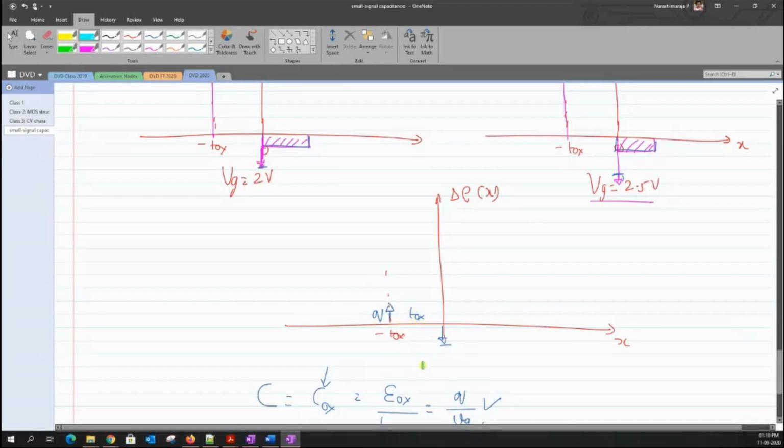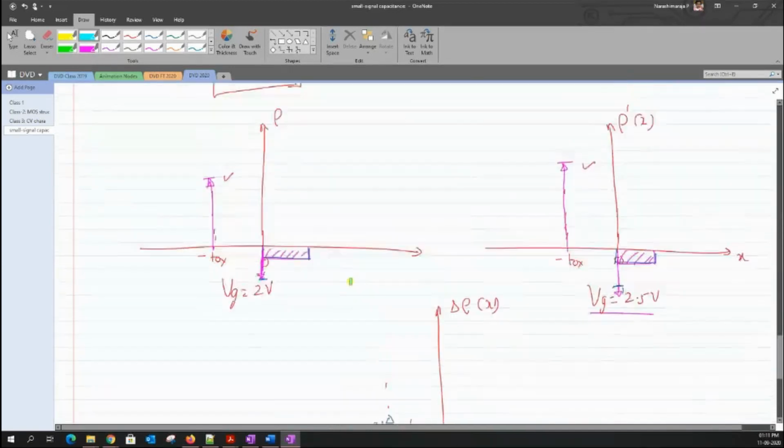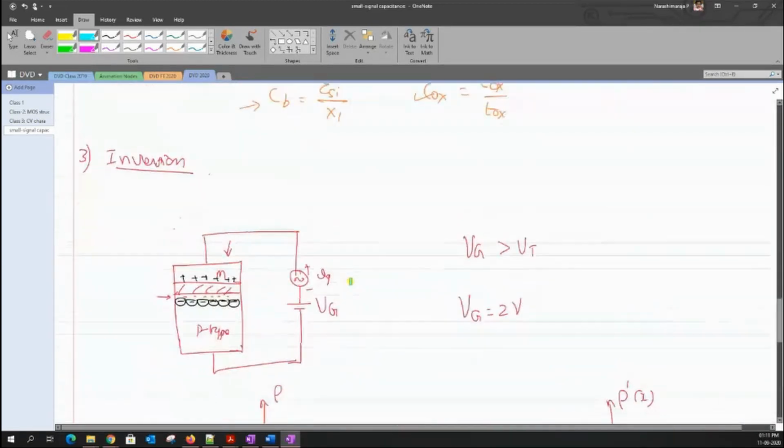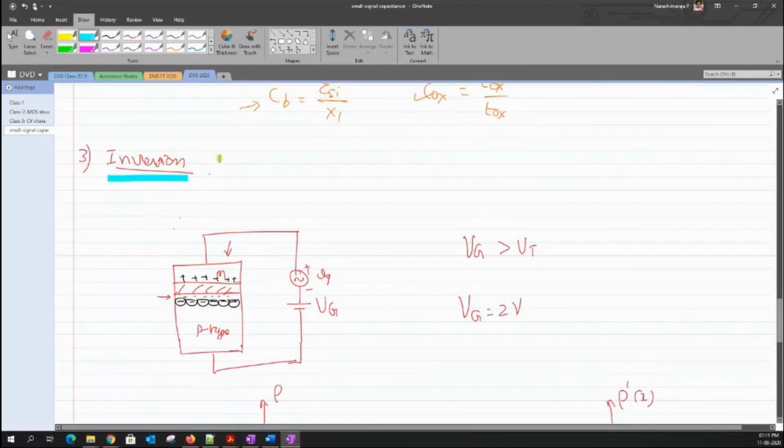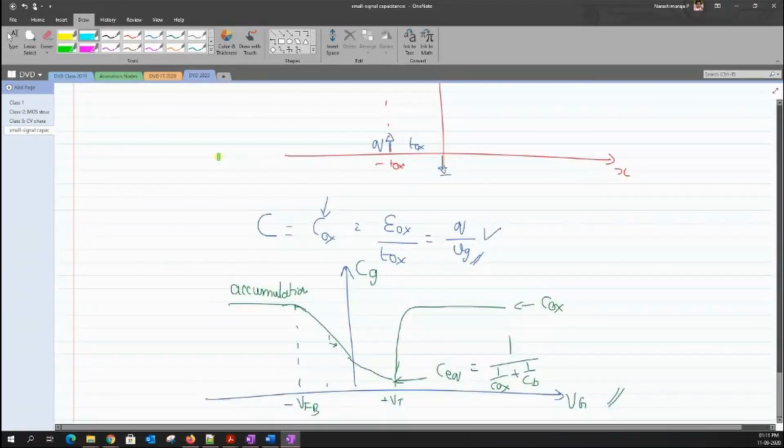Due to this we get the same type of capacitance as we had before in the case of accumulation. So this inversion region capacitance is similar to what we observed in the accumulation region. Now all of these capacitances can be plotted something like this.